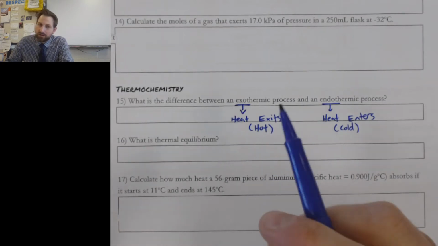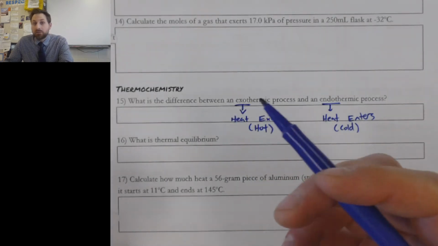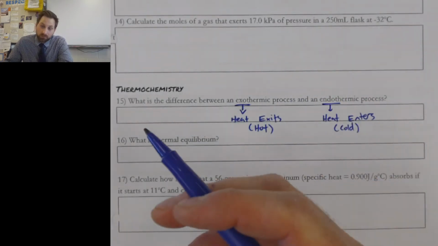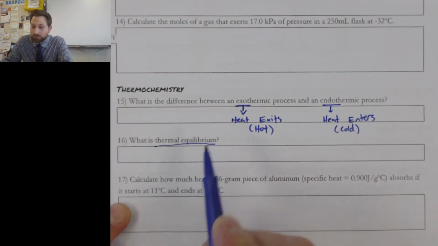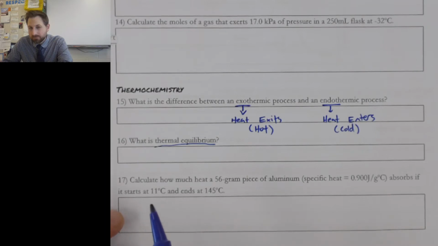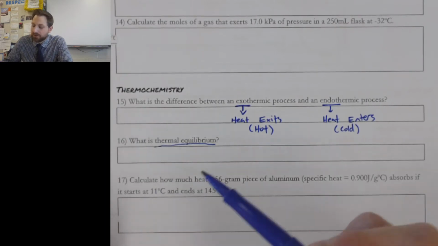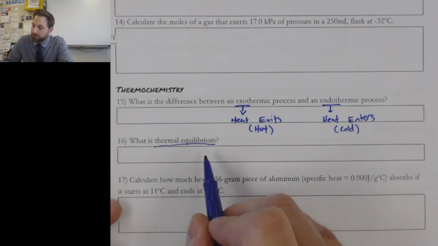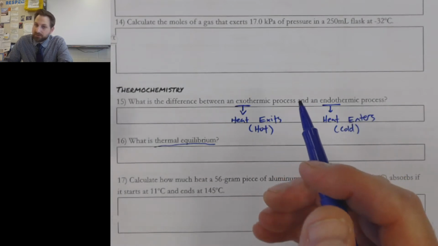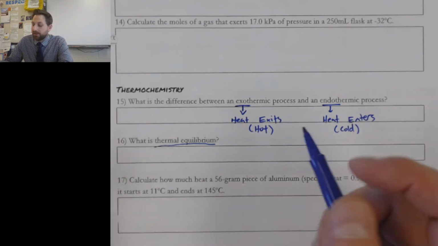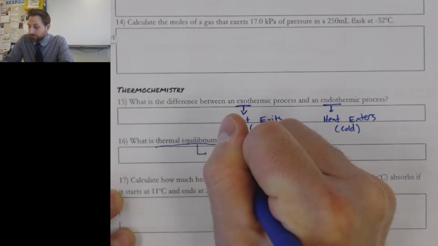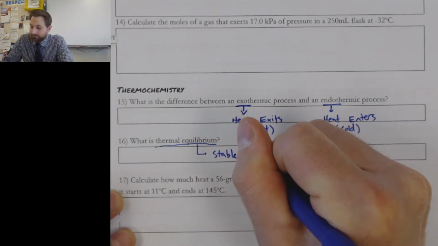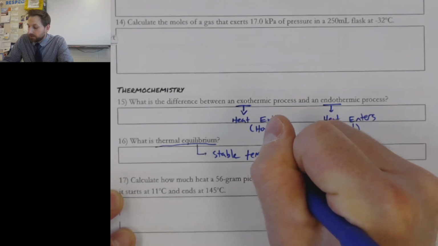All right, thermal equilibrium is kind of a complex topic, but not too bad. If you think back to our hot metal lab, the metal was very, very hot. The water was room temperature. When they got together, they met somewhere in the middle, closer to room temperature than the hot metal. Thermal equilibrium is just when you mix two things that are different temperatures and they reach equilibrium, which is kind of just the stable temperature.